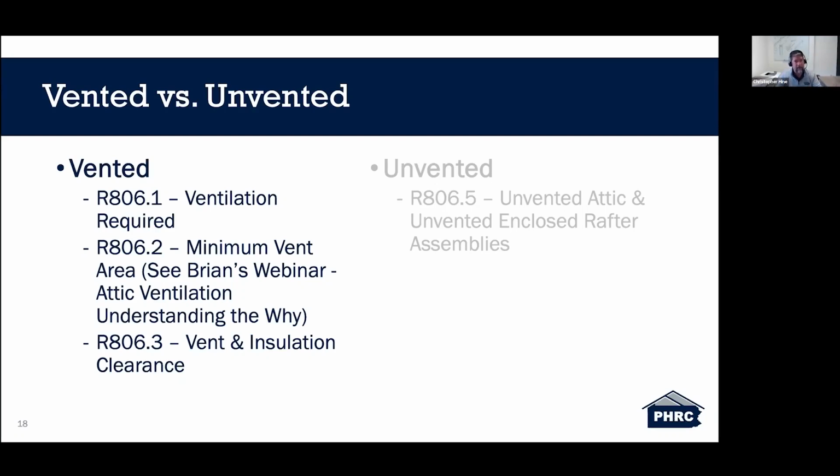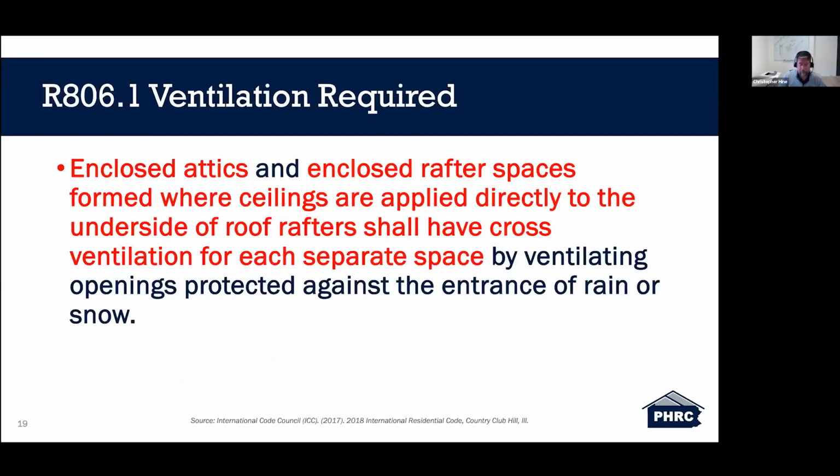So again, we're in the ventilated section here. 806.1 is ventilation required, and 806.3 talks about how to vent and the insulation clearances. So 806.1 states that enclosed attics and enclosed rafter spaces formed where ceilings are applied directly to the underside of the roof rafters shall have cross ventilation for each separate space by ventilated openings protected against entrance of rain or snow.